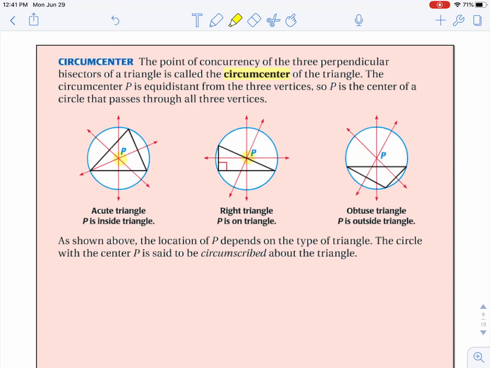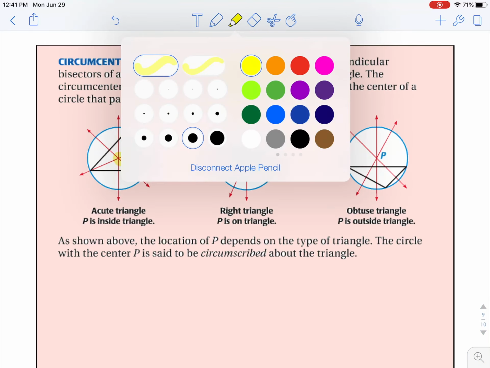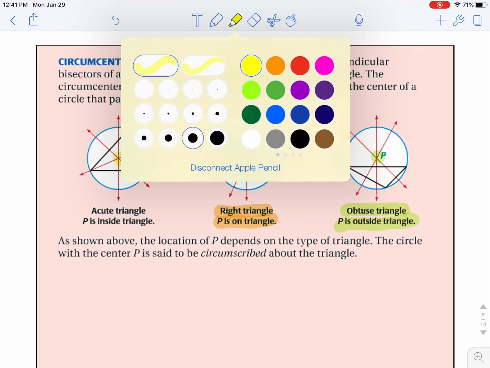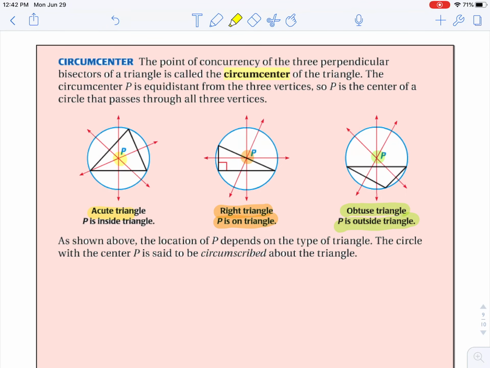But if you have a right triangle, that point of concurrency will be on the triangle. And if you have an obtuse triangle, that point of concurrency is outside the triangle. And again, if it is an acute triangle, it's inside the triangle. And that's just something to notice, especially if you're constructing the circumcenter.